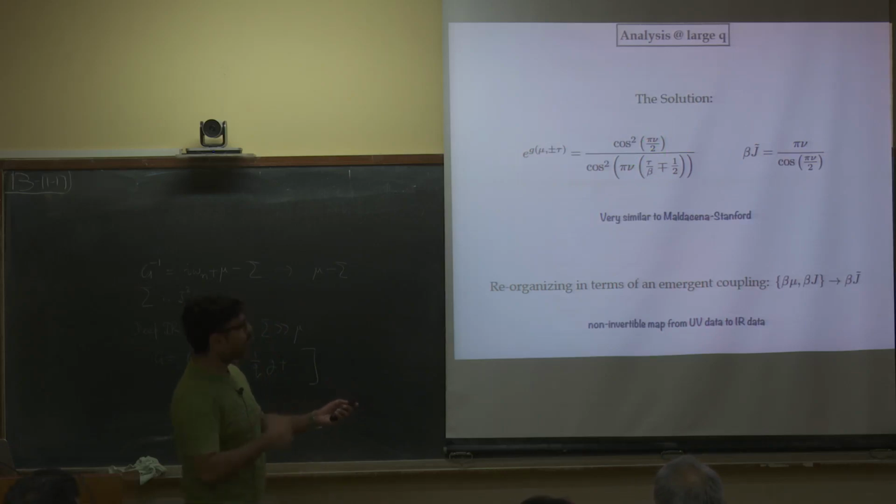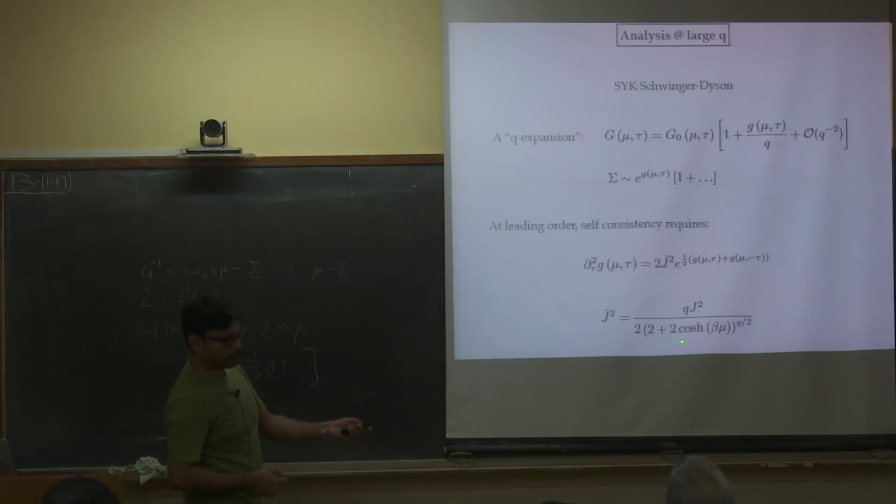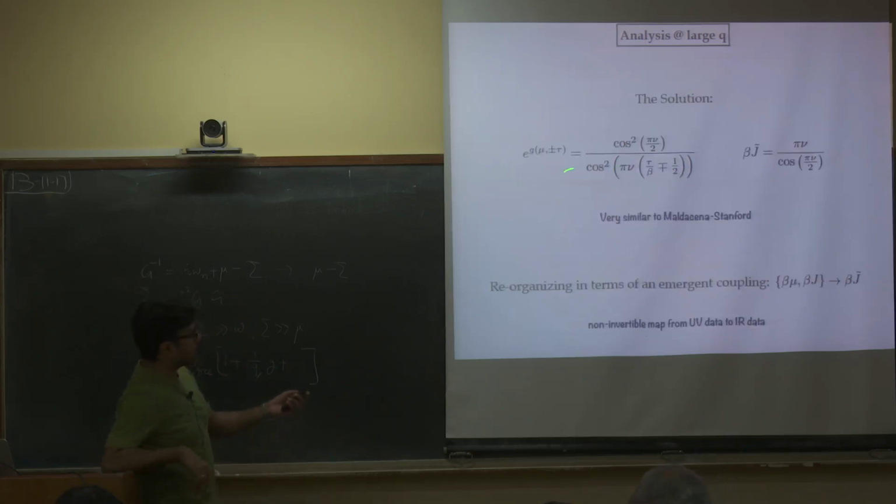You can go to long distances, where tau is time. Then you can ignore this half, and this is the factor that will remain, where this nu is defined by this, where the effective coupling is essentially that object. So I guess that's one way you can keep the mu effect.